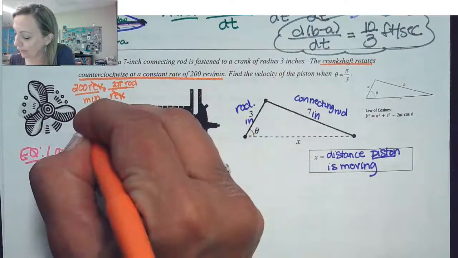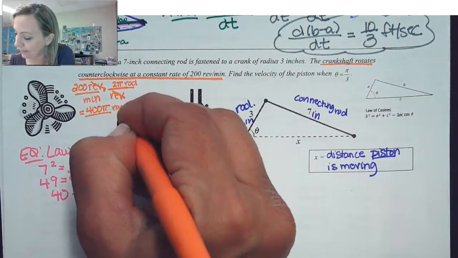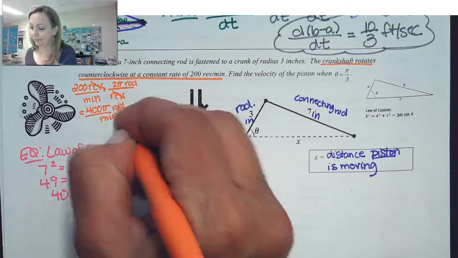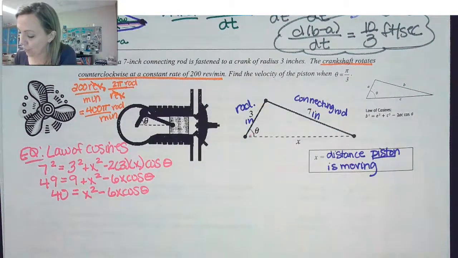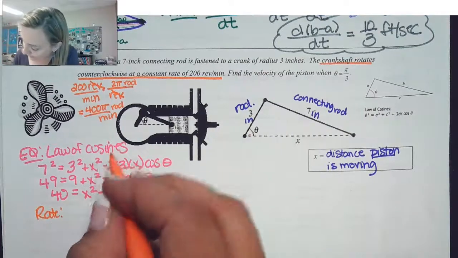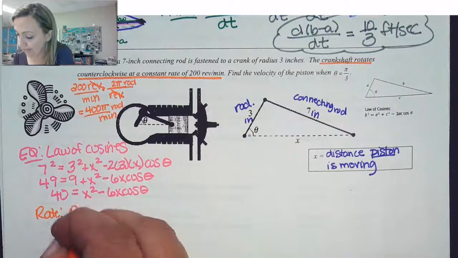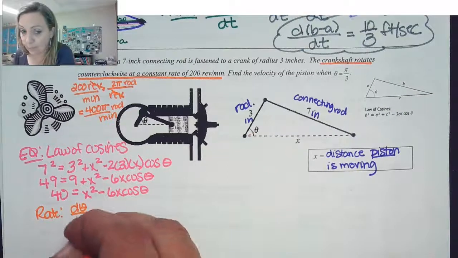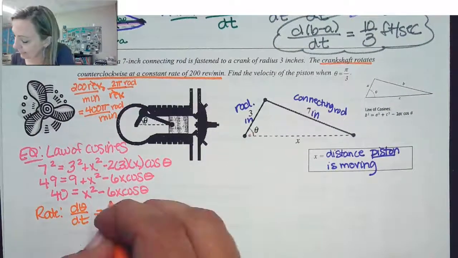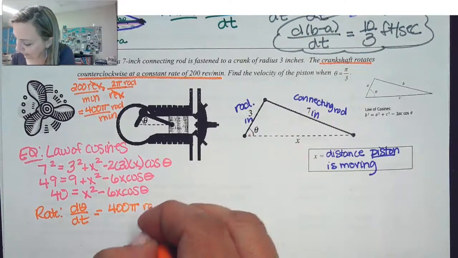So this is 400 pi radians per minute, and that's going to be our known rate. So our given rate is the rate of change of theta with respect to t: d theta/dt is 400 pi radians per minute.